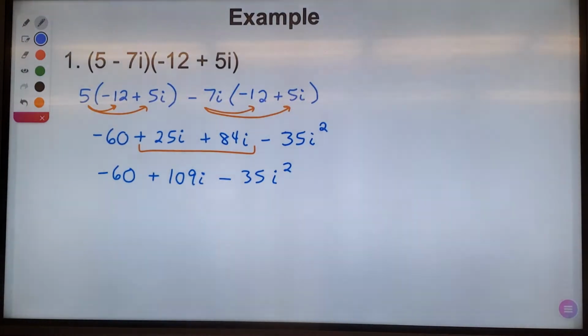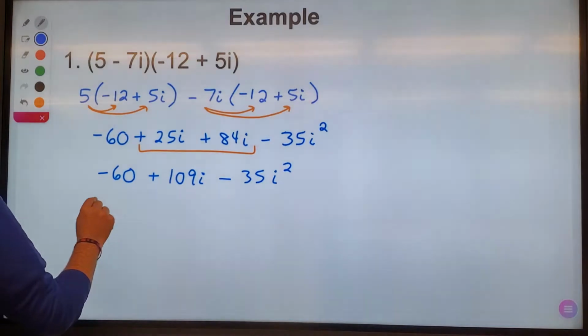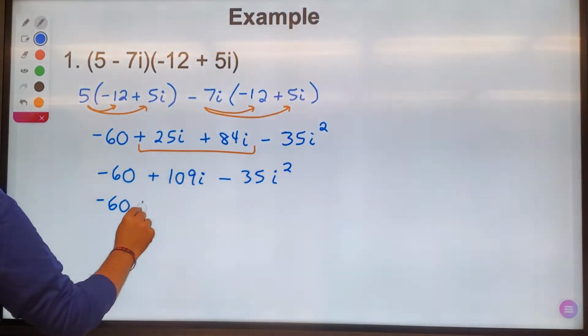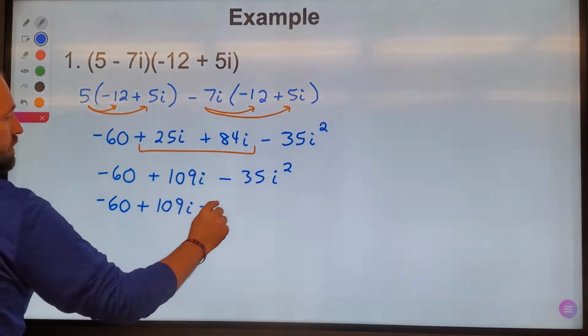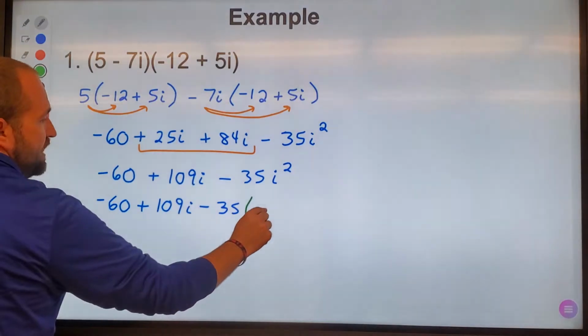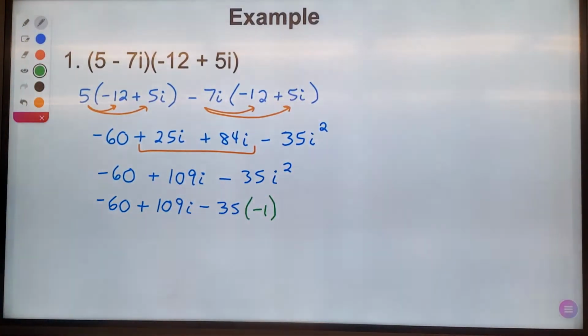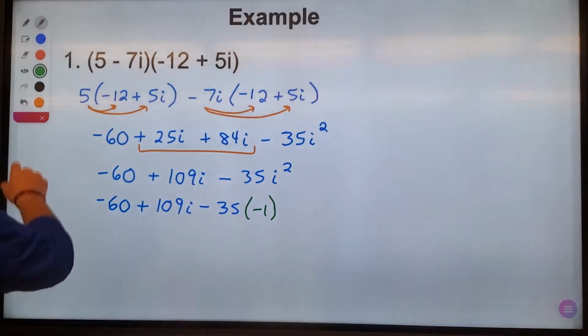From here then, the next line down, I'm going to replace that i squared with the negative 1. Okay, so you're going to rewrite it exactly the same, but I'm going to remove that i squared and replace it with negative 1 in parentheses. Okay, so then I'm going to multiply those two.